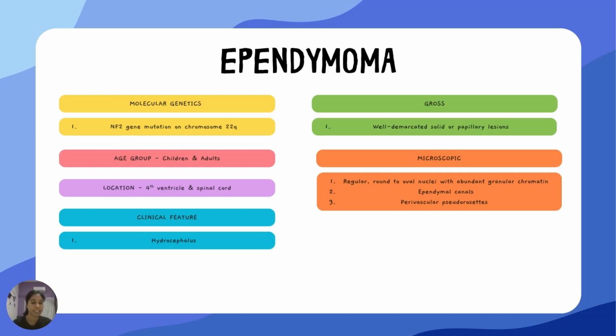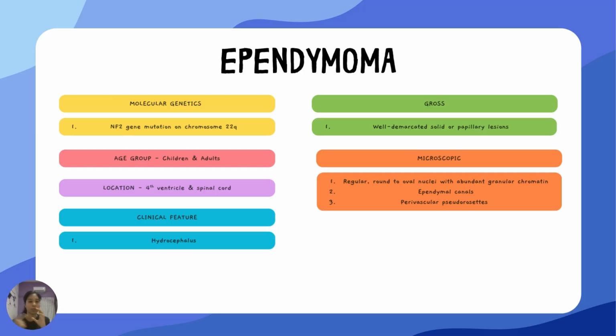The location is mainly the fourth ventricle and also your spinal cord. For the clinical feature, hydrocephalus, I have explained it earlier, so it's the same thing. For the gross, ependymoma is well demarcated, solid or papillary lesions.